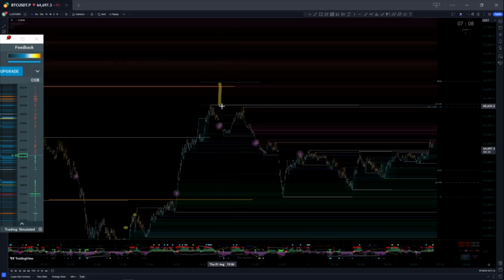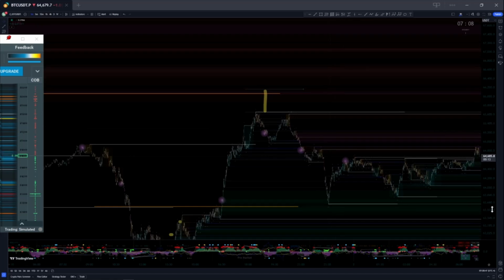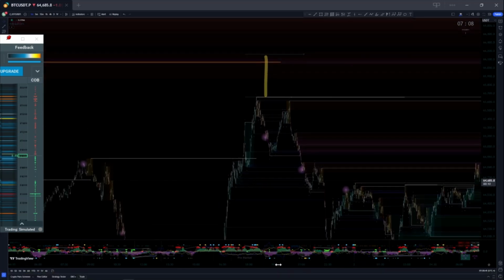We just hit the 50. We didn't fill the range between the two 50s from yesterday, but we touched the 50, like on the tick, right? What behavior do we have again?